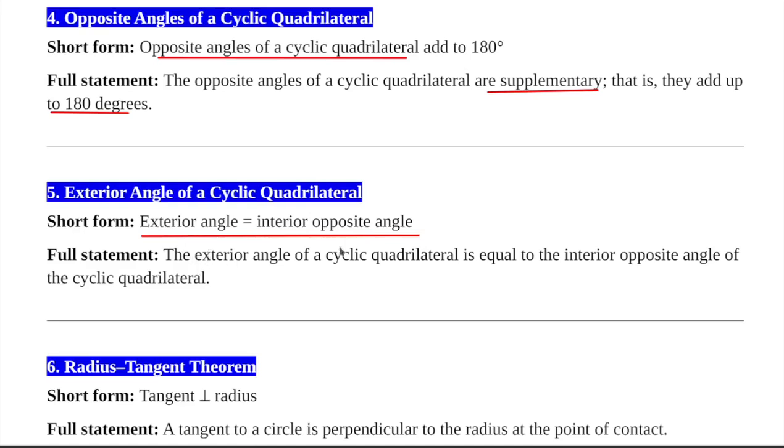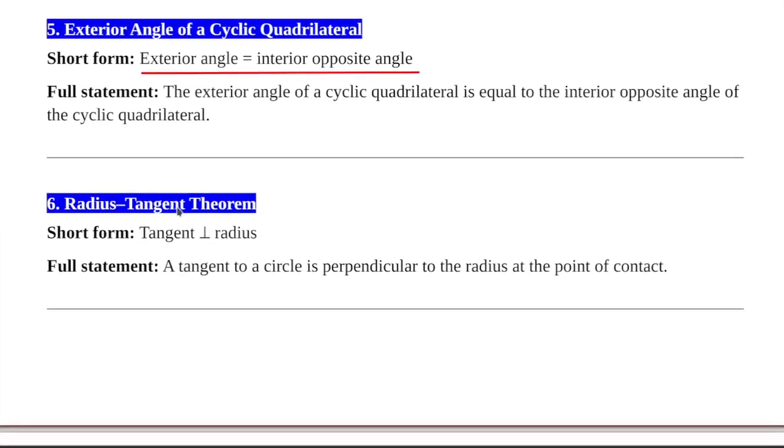Now, exterior angle of a cyclic quadrilateral is equal to the interior opposite angle of the cyclic quadrilateral. Next theorem, radius tangent theorem. A tangent to a circle is always perpendicular to the radius at the point of tangency, or rather at the point of contact.